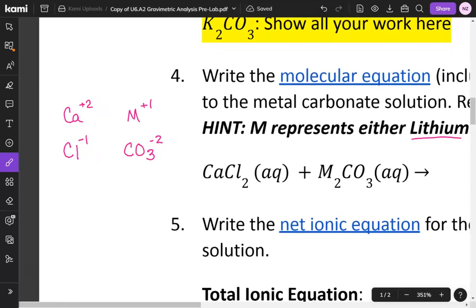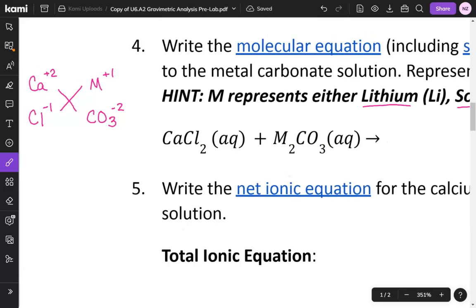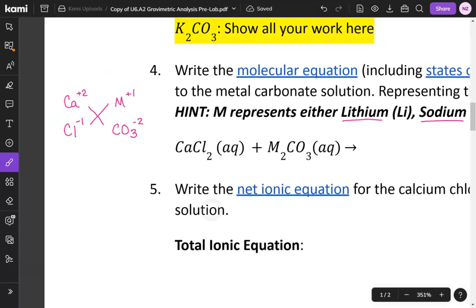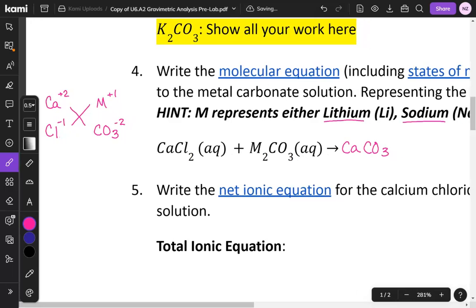When we do our double replacement reaction, we just draw an X here, and I'm going to write out the right-hand side of my reaction. So we're going to have calcium and carbonate. They're going to go together. And then we're going to have MCl.